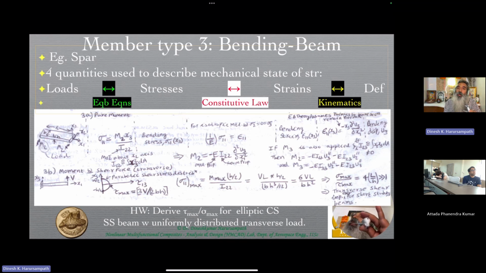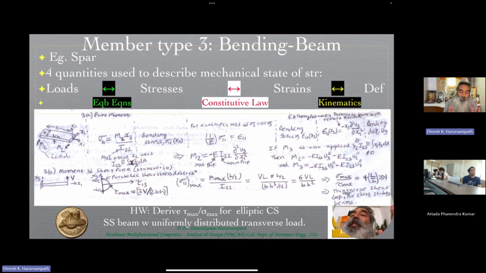Remember, in the Euler-Bernoulli beam theory, we not only said plane sections remain plane, but also they remain perpendicular. If they remain perpendicular, I can get the data from whichever is easy, namely either the reference curve or the reference cross section, which is what we do in this particular case also to calculate that.